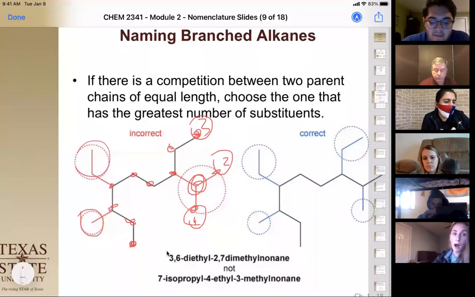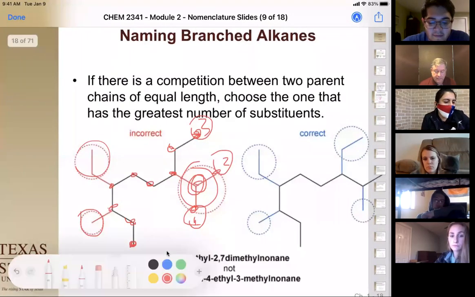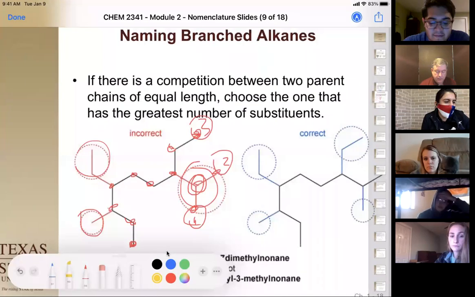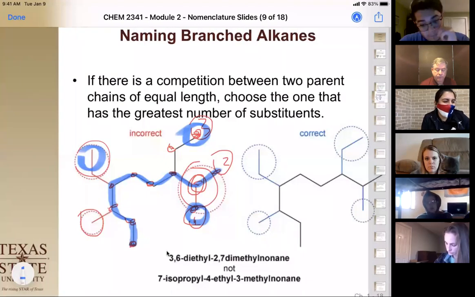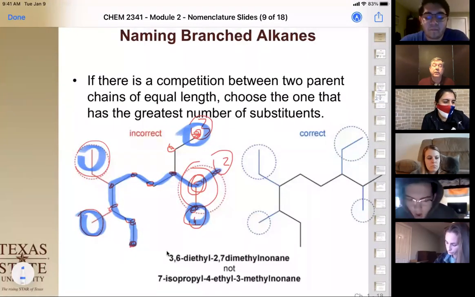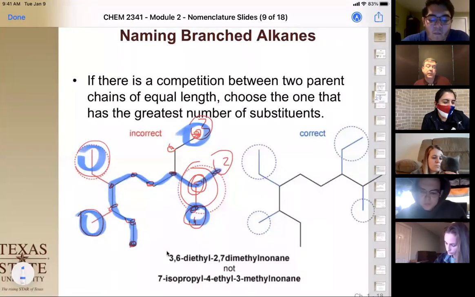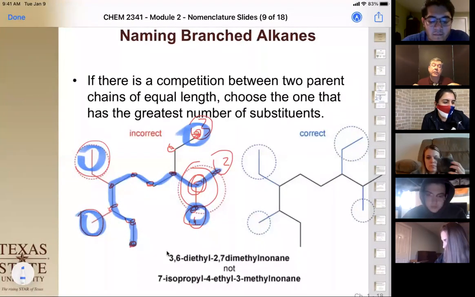However, if we were to go instead along this chain here, and instead go this way, that would give us a total of 4 substituents. So you want to choose the longest chain with the greatest number of substituents. The reason for that is it actually makes it easier to name because you have less branched chains.